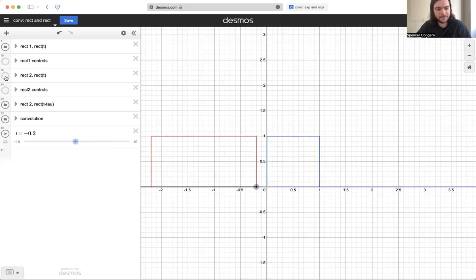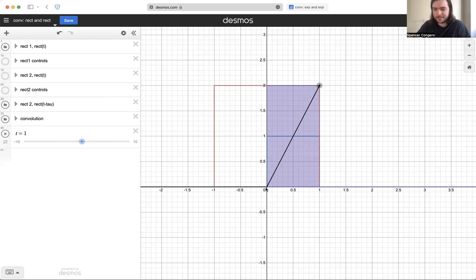Of course, we can manipulate them more if we wanted. What happens if I increase the height? Maybe let's double the height as well. Now I flip and shift. Now you can see the product of these two functions is 1 times 2, which gives me the value of 2 for this purple line. And so the purple area is getting larger faster. You can see that the slope of this line is higher. It's increasing more quickly.